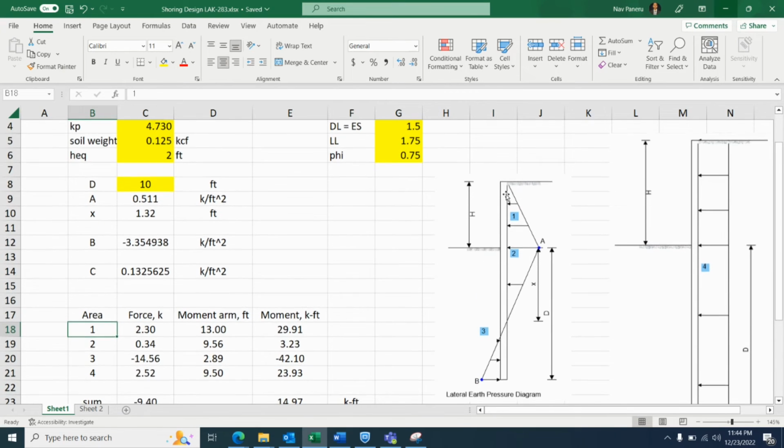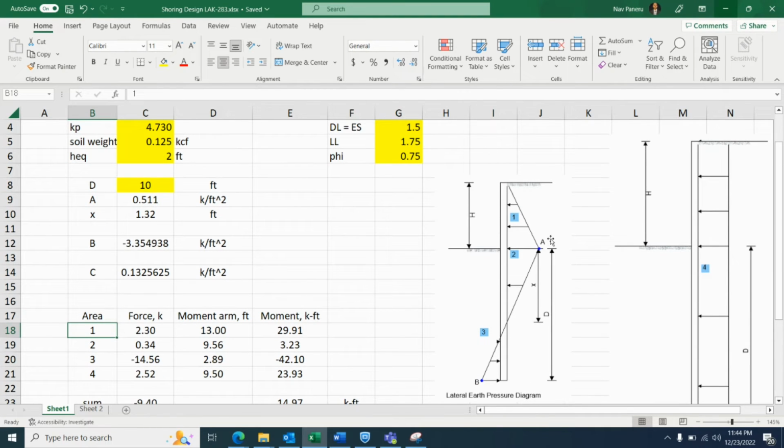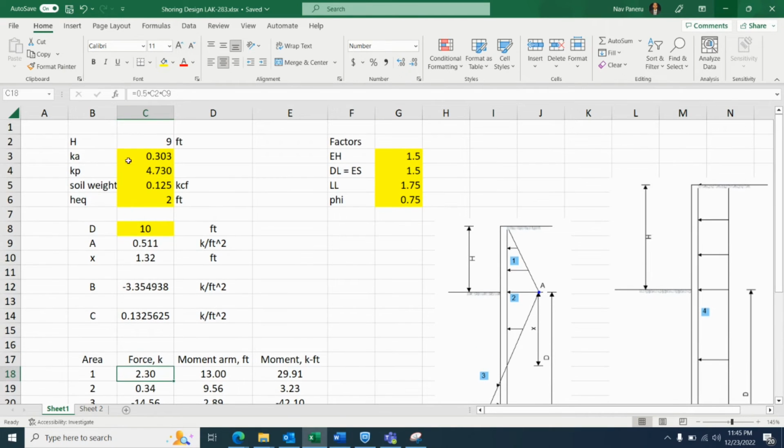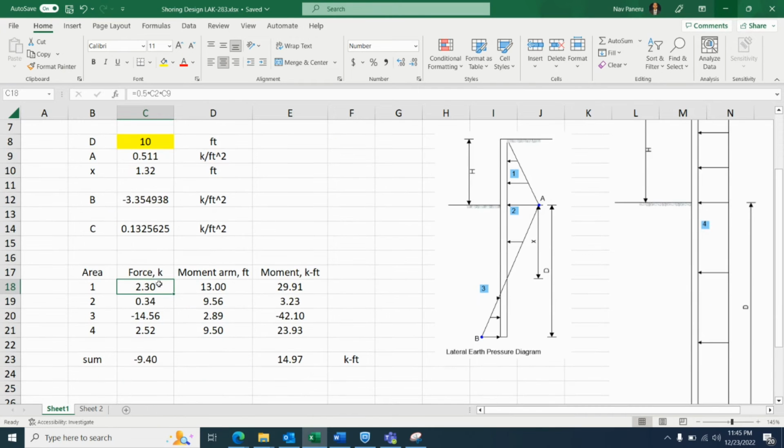So let's take a look at area 1. It's a triangular portion with maximum intensity A. The height of the triangle is A, and the base is height H. The force will be one half of base times height, so we have 0.5 times C2 as the height and C9 as the dimension A. That's how we got the force from area 1.